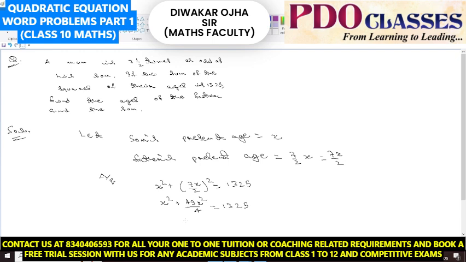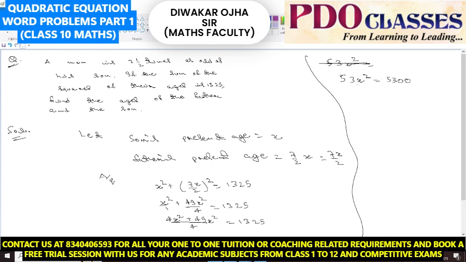If I solve it, I get 4x square plus 49x square equal to 5300, that means 53x square is equal to 5300. Coincidentally we get a very normal value, x square is equal to 100.